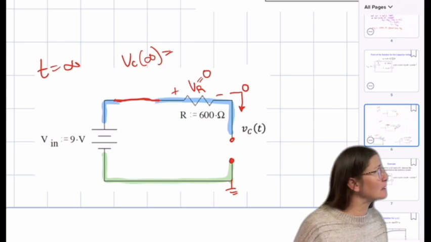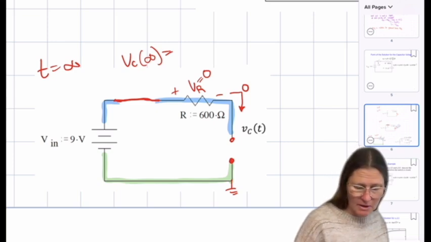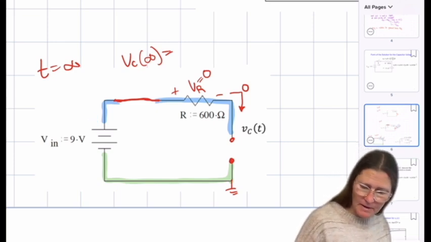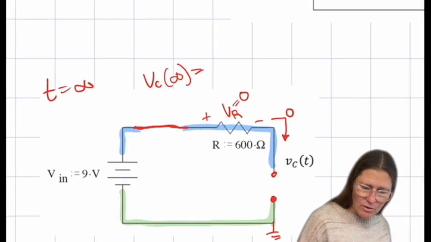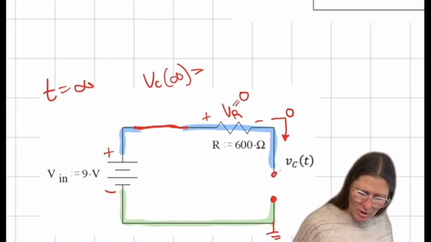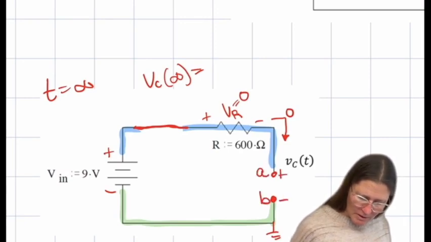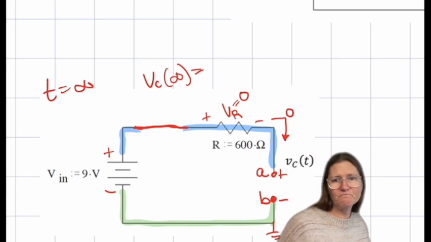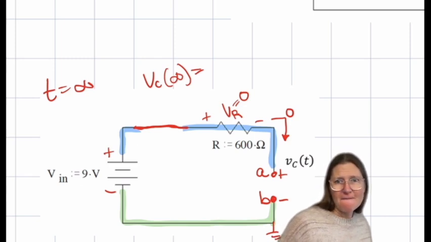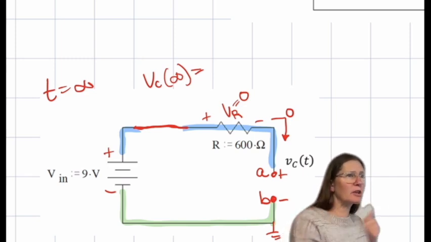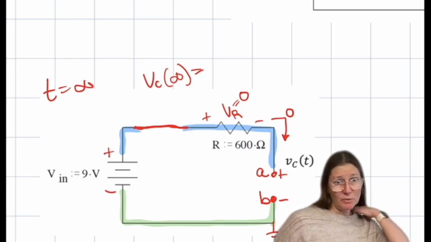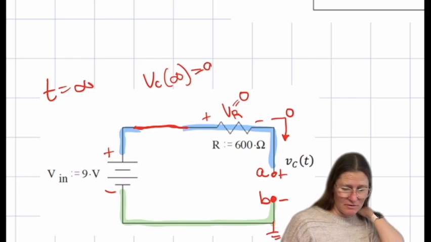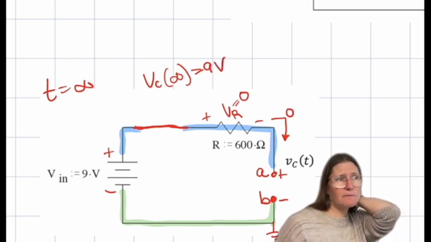So VC in this case will just be the same as this one. And I always put A as my positive side. But again, if it's not labeled, you would want to label it for clarity of the polarity. So this would be plus 9 volts, would be VC at infinity.